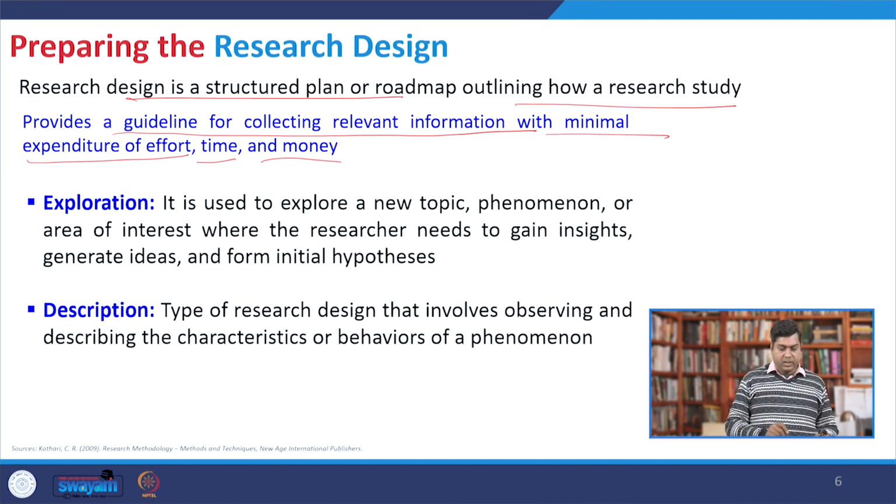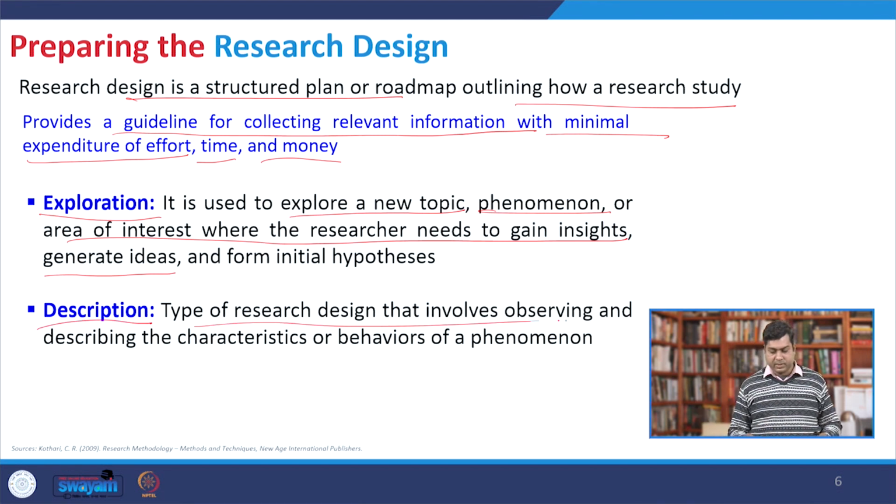In this case there are a few features of the research design. The first one is exploration. It is used to explore a new topic, phenomenon or area of interest where the researcher needs to gain insight. It is also the initial stage where you form the hypothesis.